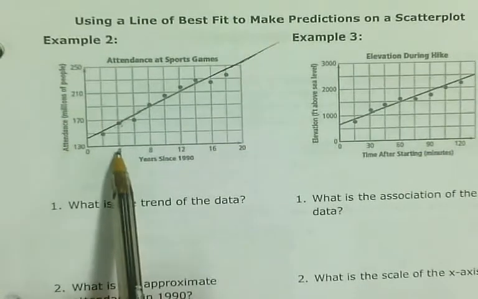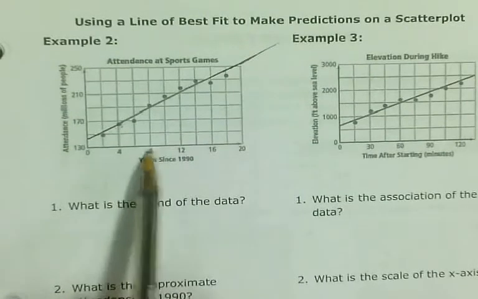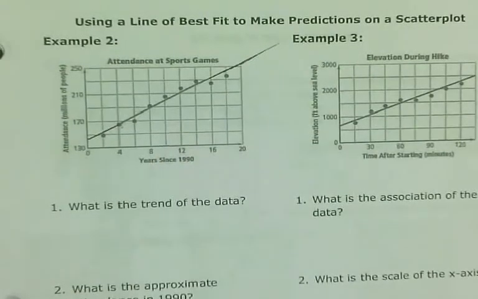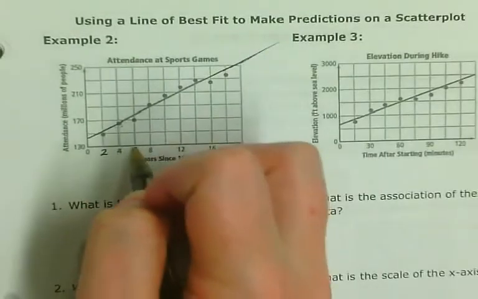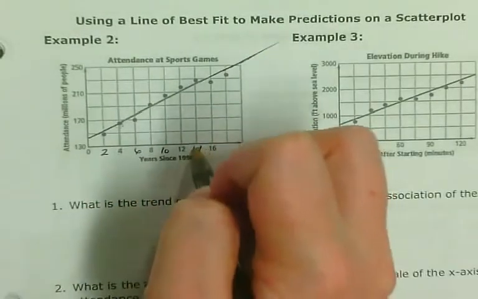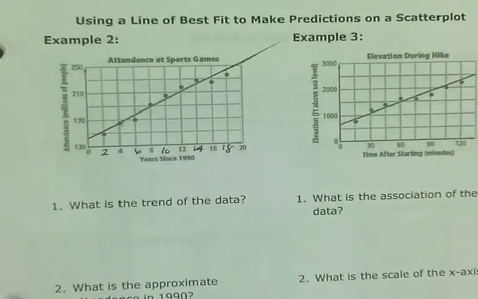What is 4 years since 1990? 1994, 1998. And that's tricky. So that x-axis is counting by, well, we see 4s, but what is it actually counting by? 2. So this is 2, 4, 6, 8, 10, 12, 14, 16, 18, 20.